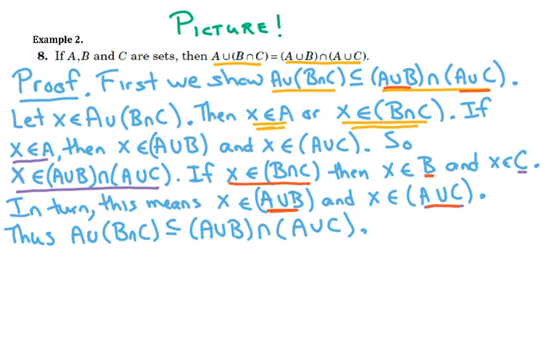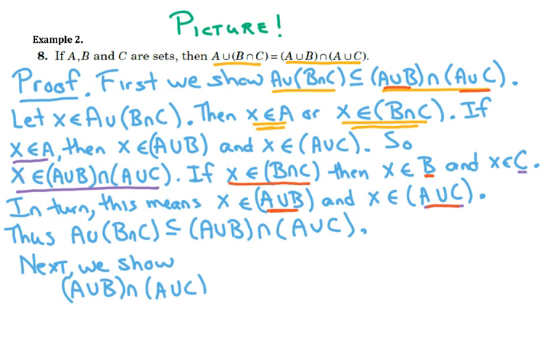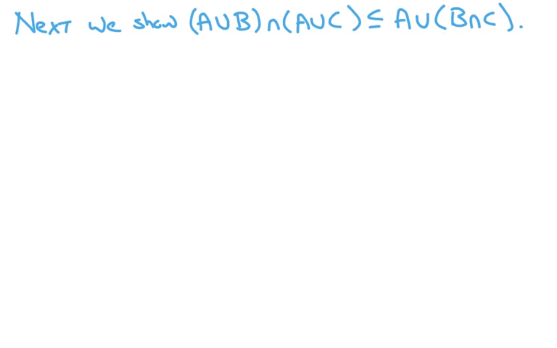So now we have to go the other way. Next, we show that (A union B) intersect (A union C) is a subset of A union (B and C). And we're going to need another page. Okay, so again, we're going to let X be some arbitrary element of this set.